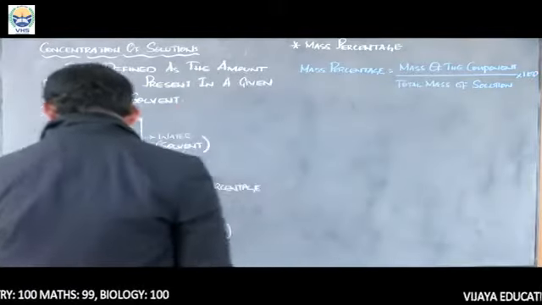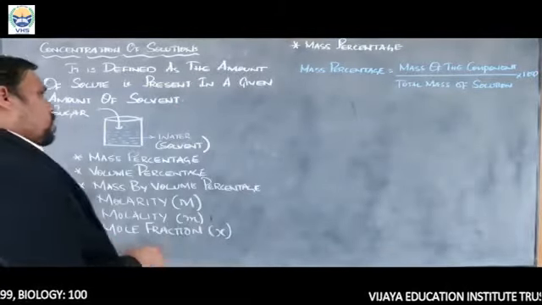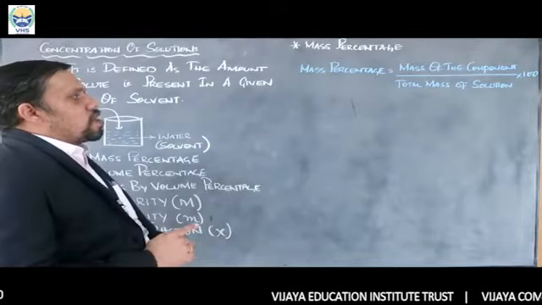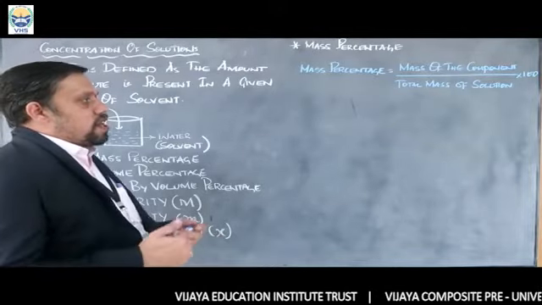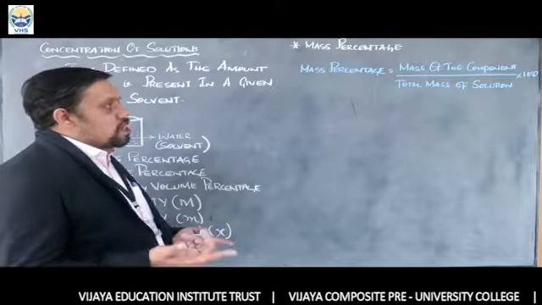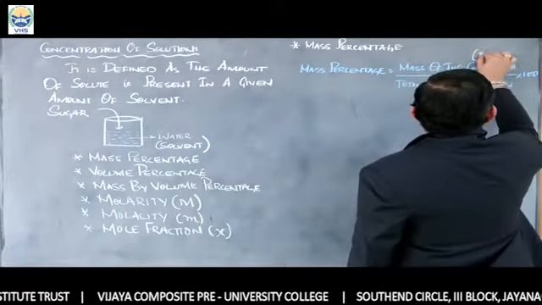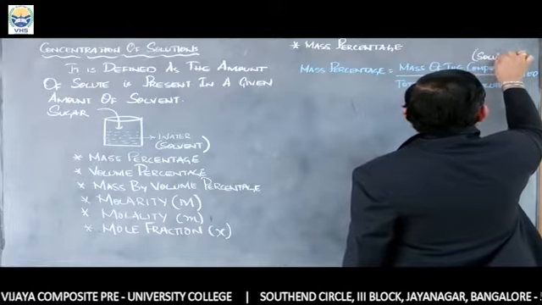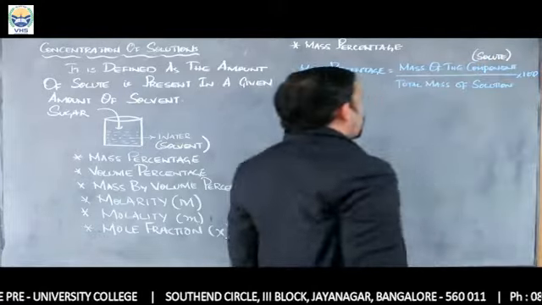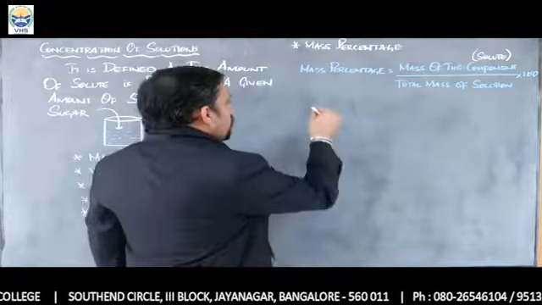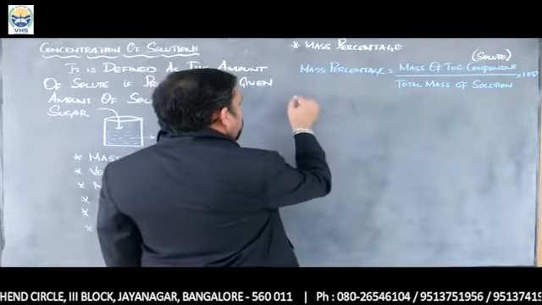So this is one way of expressing. Okay. So mass percentage is what? Mass of the component divided by total mass of the solution into 100. So preferably you can take the component as the solute.